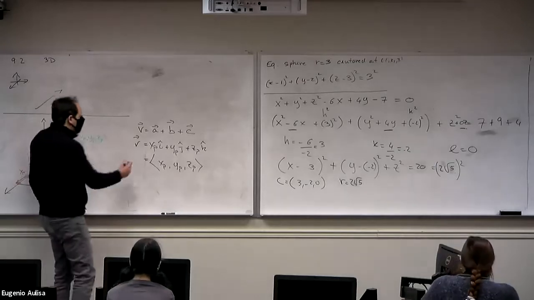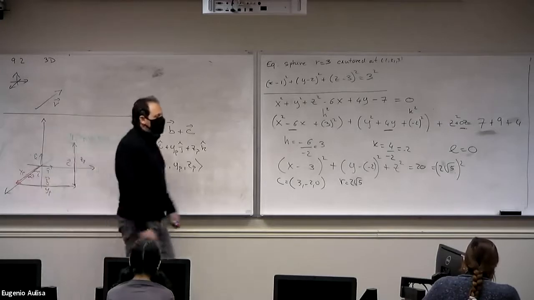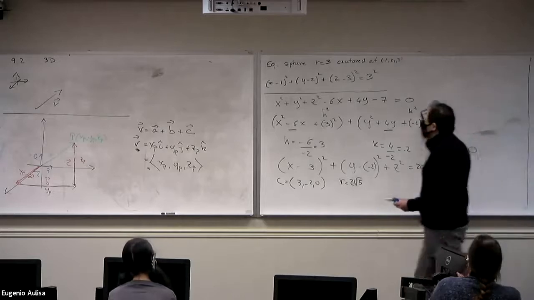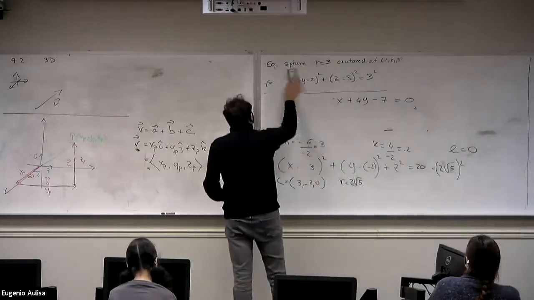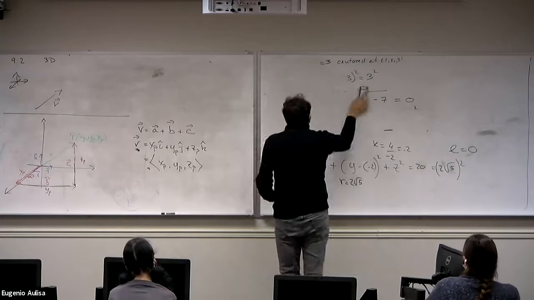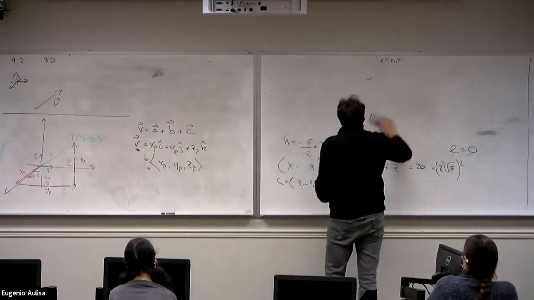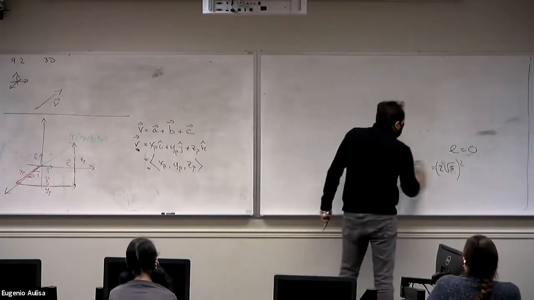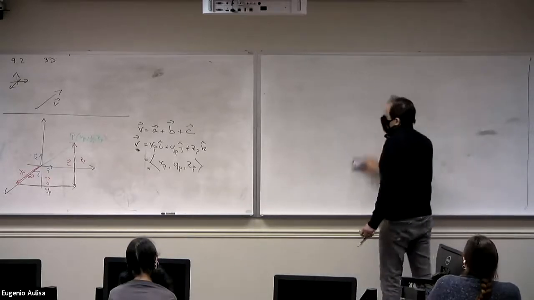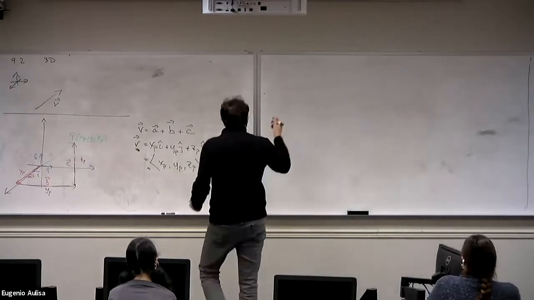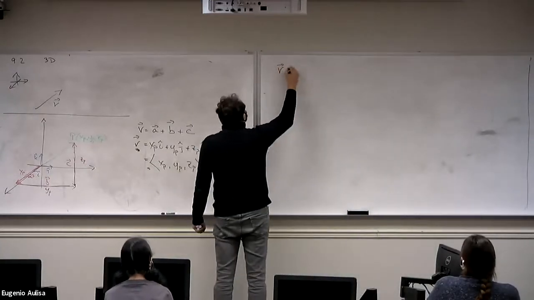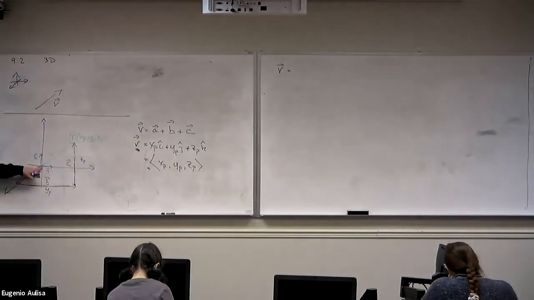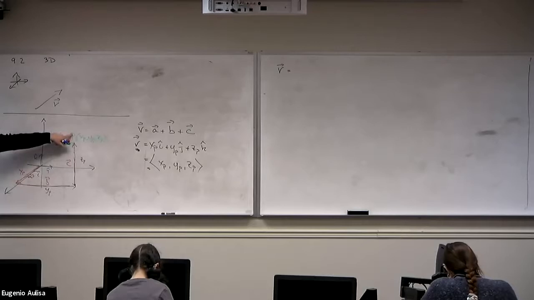So why do we like the algebraic representation again? Because then we can do all the operations on these vectors in a very straightforward and simple way. For example, what's going to be the magnitude of the vector V? It's going to be the distance between the origin and the point P, right?